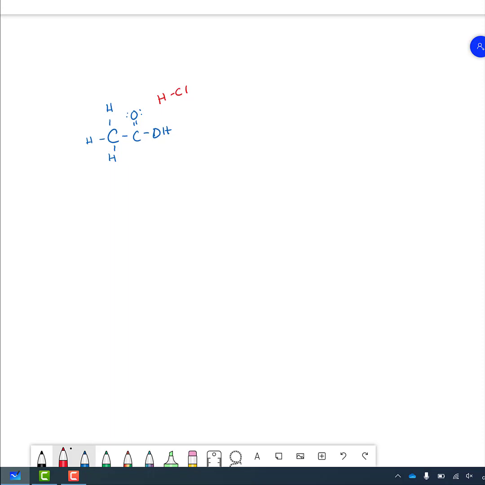And our carbonyl oxygen is going to attack the hydrogen from our acid. Our leftover chlorine will just be released as an ion with the electrons from its bond. And our intermediate will have a positively charged oxygen.